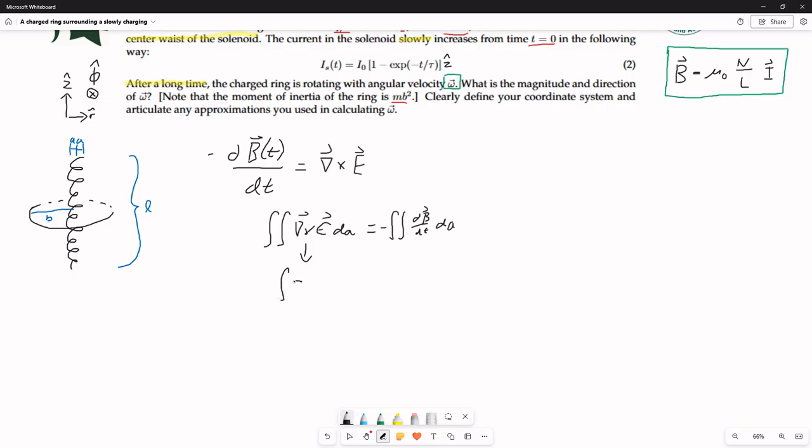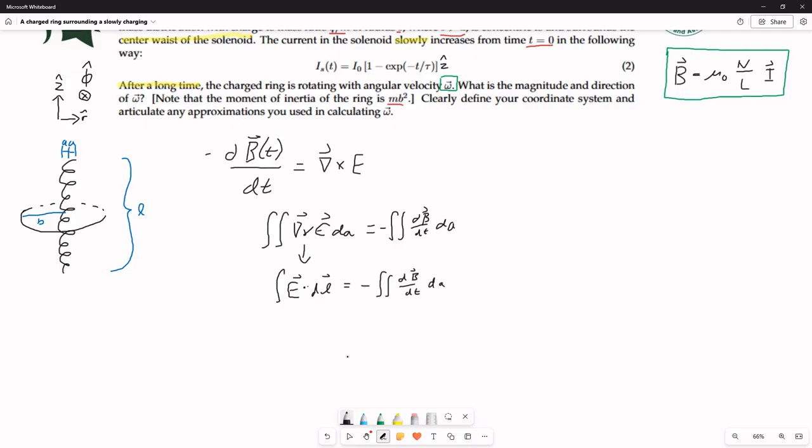This will give us the integral of E dot dl, and that will still be equal to the cross-sectional area of the magnetic field, dB dt dA.